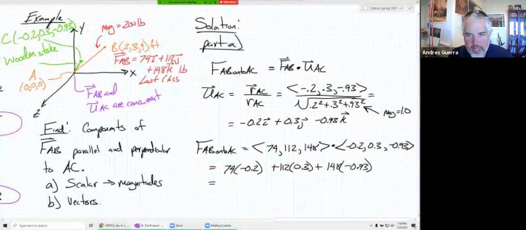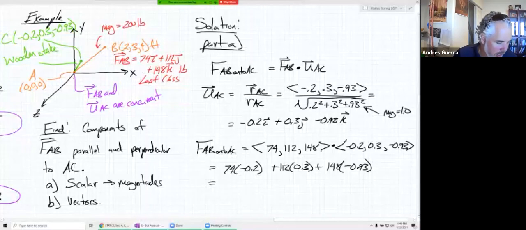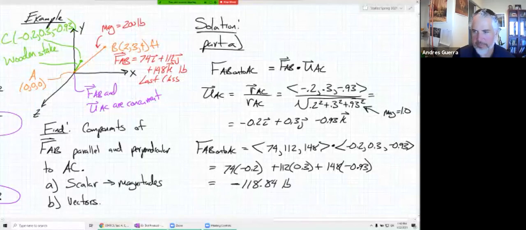And so this becomes a scalar, right? Those are no longer i's, j's and k's. This becomes a scalar, and when I do the math, I'm going to get negative 118.84 pounds. So negative 118.